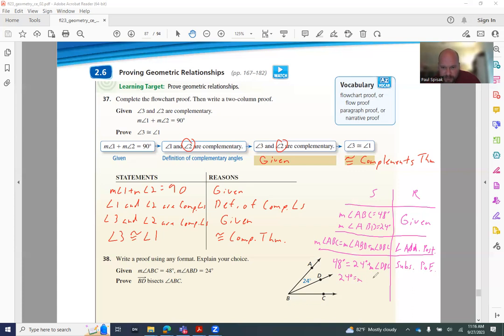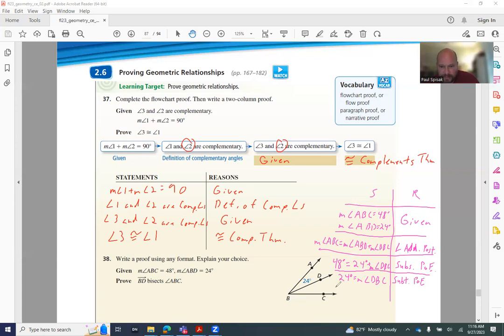So the measure of angle DBC is equal to 24. We know that because we subtracted 24. That's the subtraction property of equality. And now that we know that's 24, well, we actually know these two, since they're both equal to 24, we can say they're equal to each other.